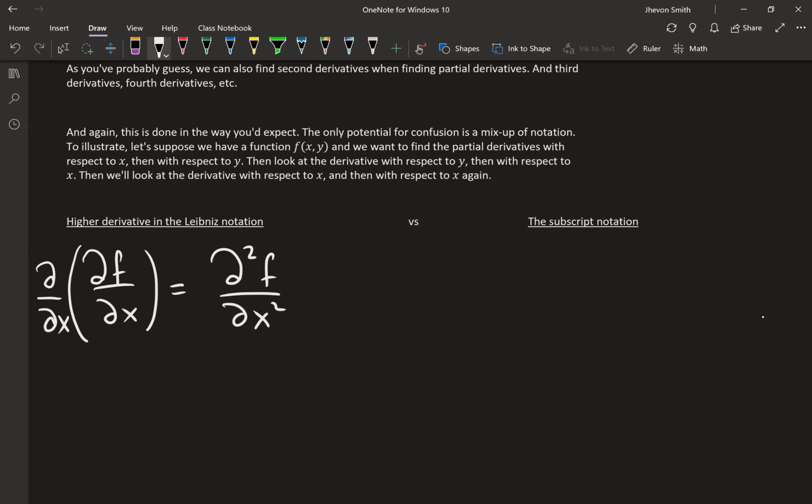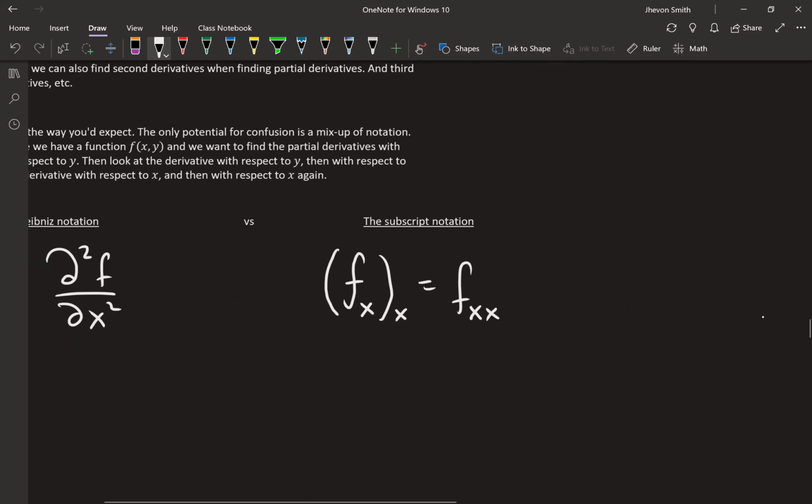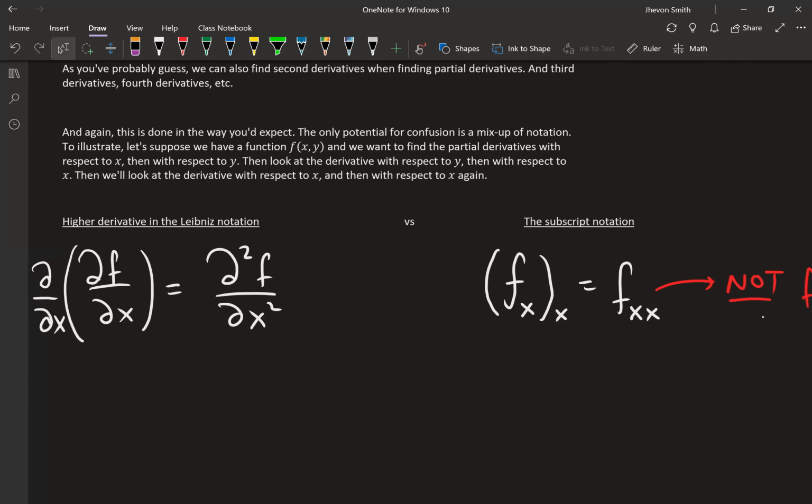That's how you denote it. Now, what would it look like in the subscript notation? Well, you would take the partial with respect to x, then the partial with respect to x again. This we would call fxx. It's very important that you do not write something like fx squared. We literally list out one variable after the other when we're actually taking the derivative. So you would write fxx. That's how that notation would work.